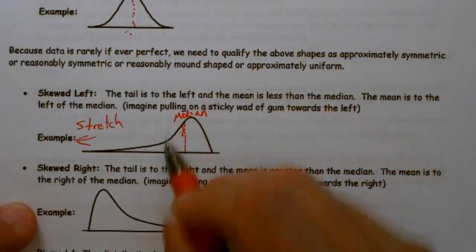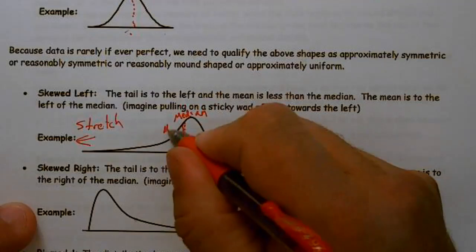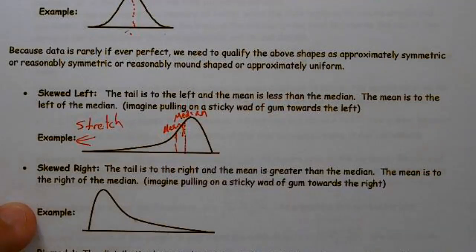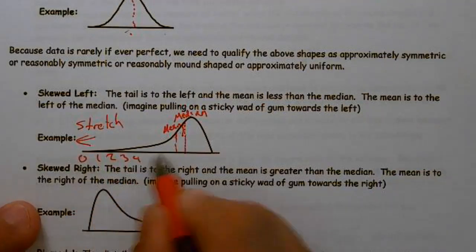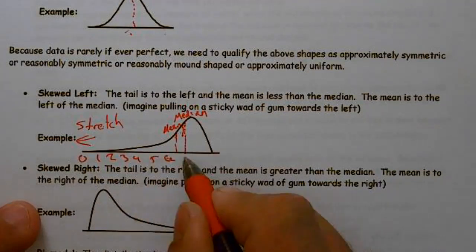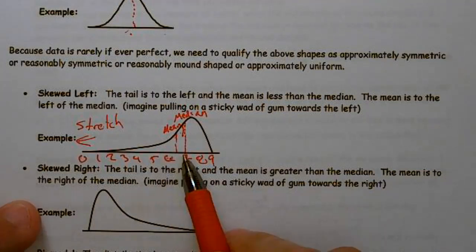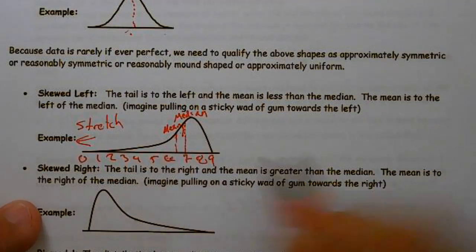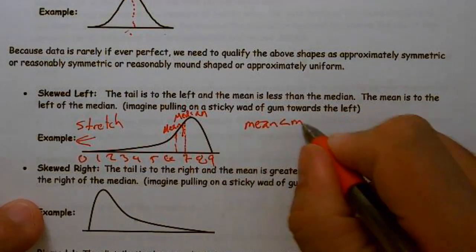Well, because it's skewed left, the mean will be to the right of it. And if I were to add a number line, 0, 1, 2, 3, 4, 5, 6, 7, 8, 9, we see that the mean would be less than the median. So you need to get that. The mean is less than the median.